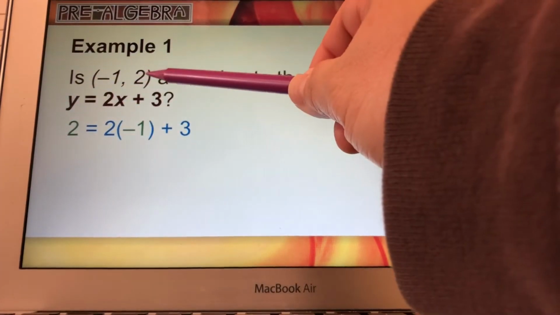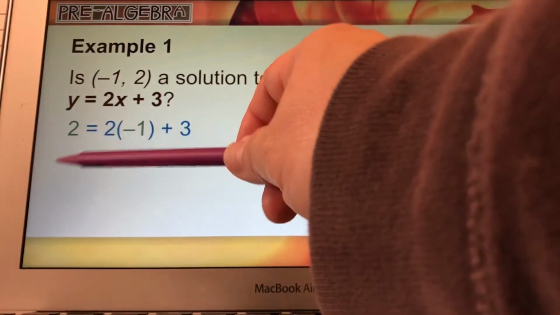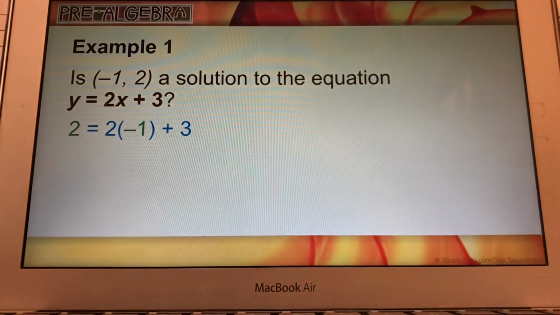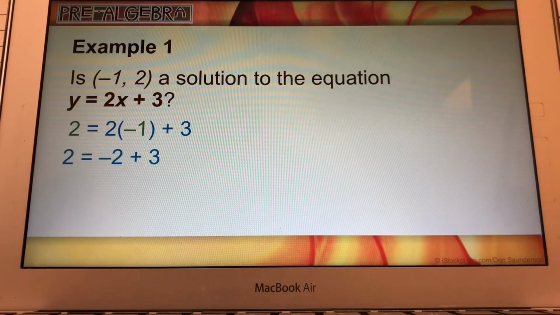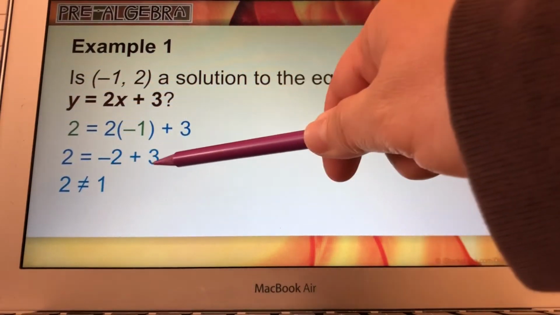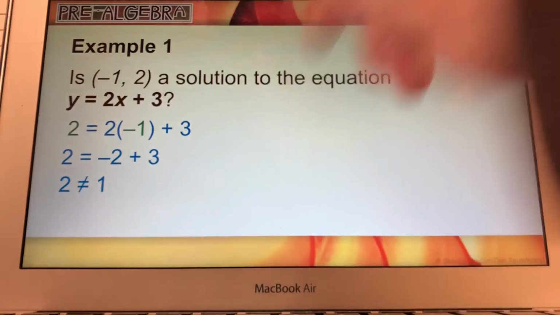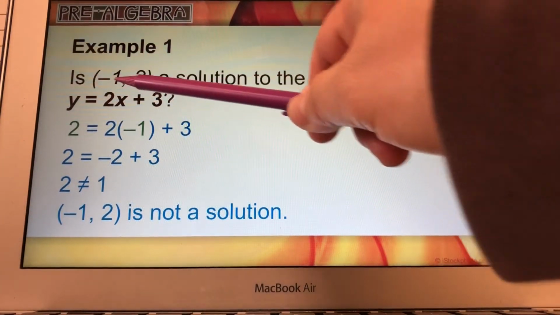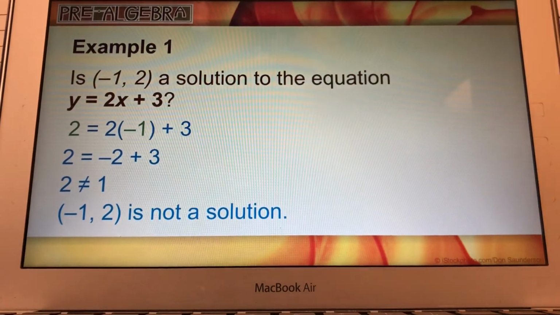And then the y is 2. Does this equal? So 2 times negative 1 plus 3. Negative 2 plus 3, does that equal 2? No, because this becomes 1, right? 2 does not equal 1. So therefore, negative 1, 2 is not a solution.